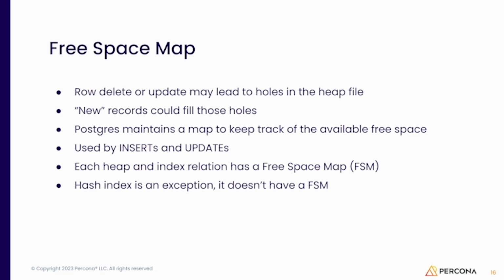Now we get to the free space map. One of the problems that Postgres tries to address, and actually all databases address, is concurrency, right? We don't want a database that can only hold one query at a time. We want multiple queries, clients and everything to connect.